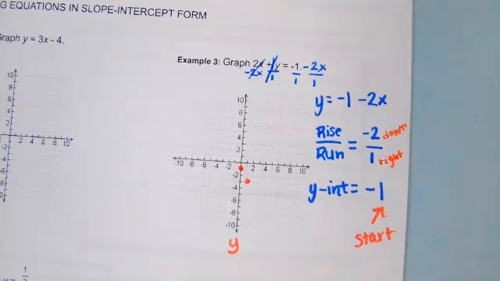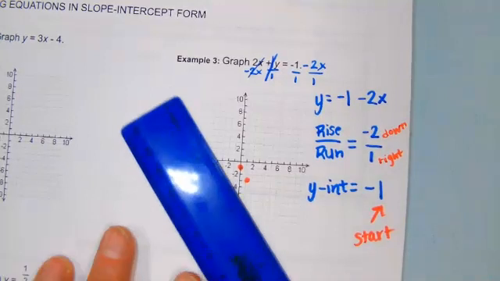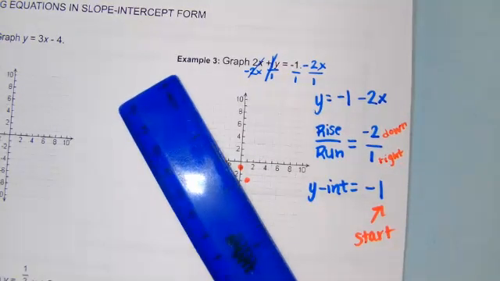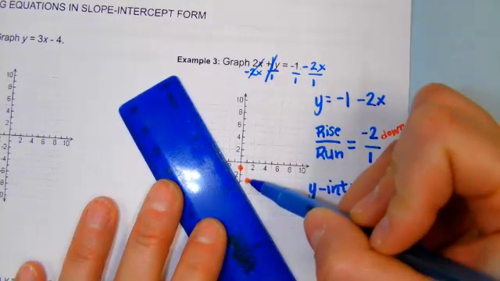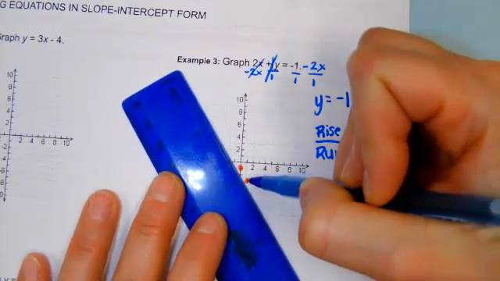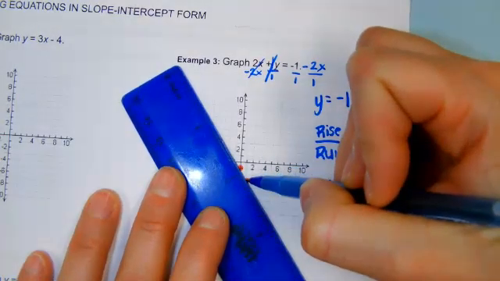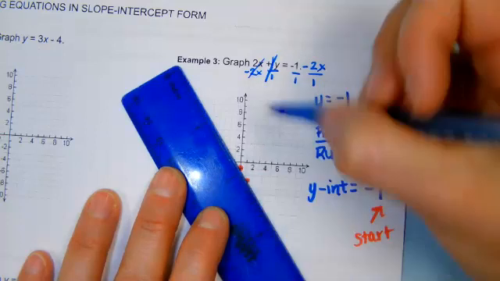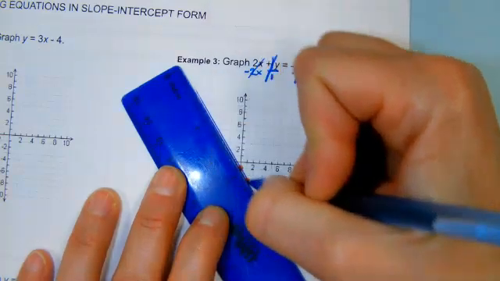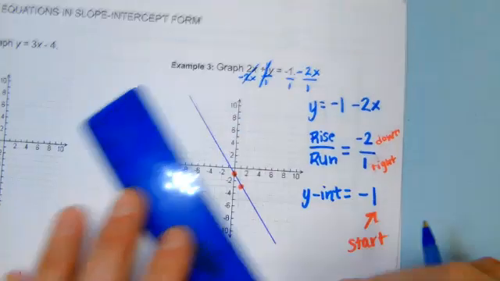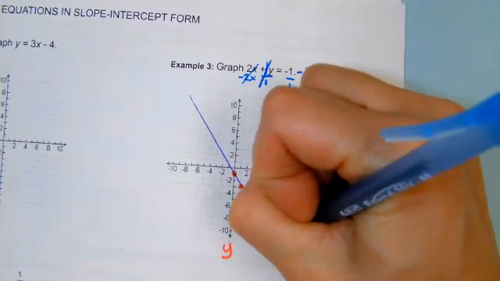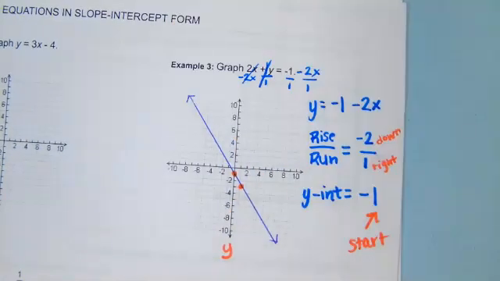Then you take your ruler and your pen or pencil, line it up on one dot and see where the other one is. Then you draw the line from side to side on the graph, and it will go through both, and you end with 2 arrows. And that's the graph of the line.